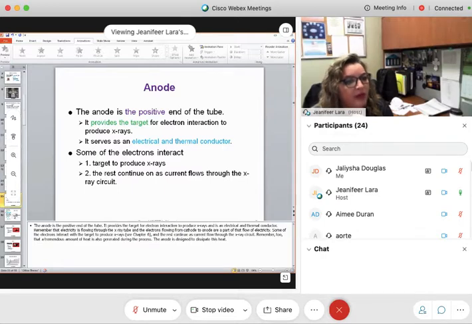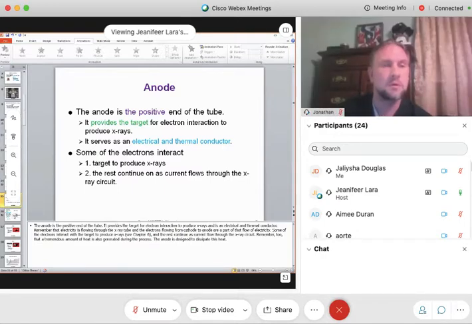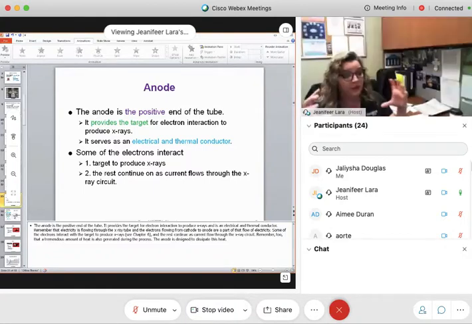Outside the tube. Outside of the envelope of the X-ray tube. So when we think about the construct of the X-ray tube, the stators are going to be a part of the X-ray tube. However, the stators stay outside of the envelope. Does everyone understand that?